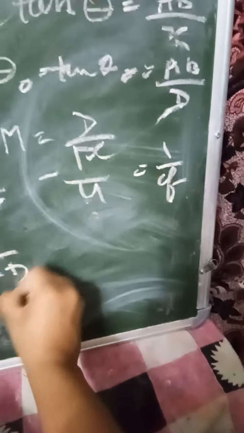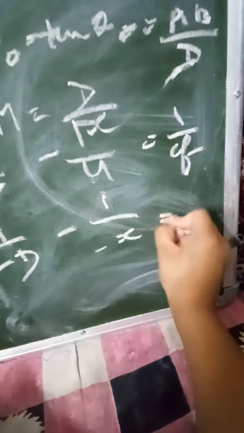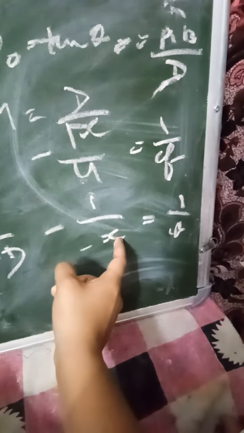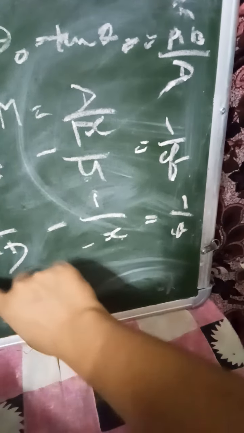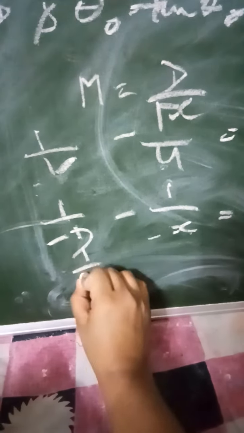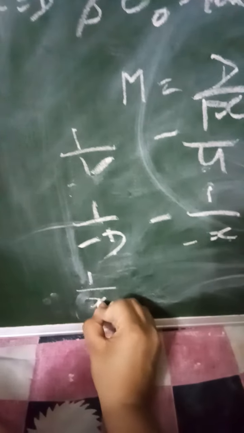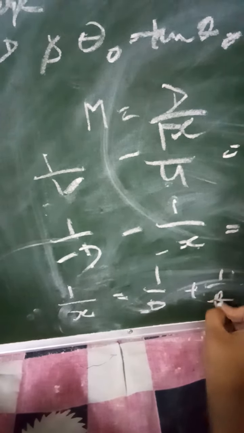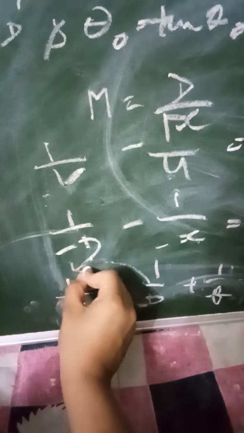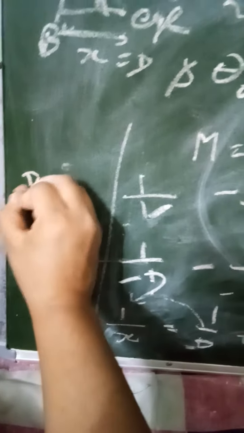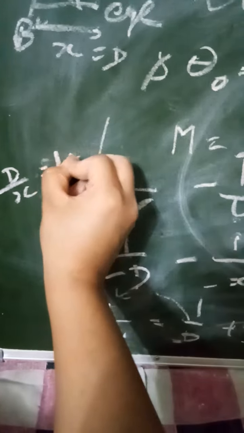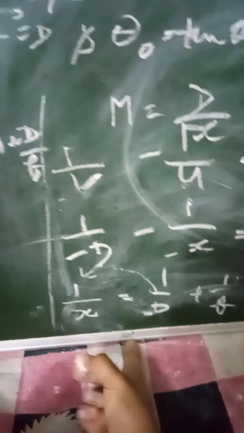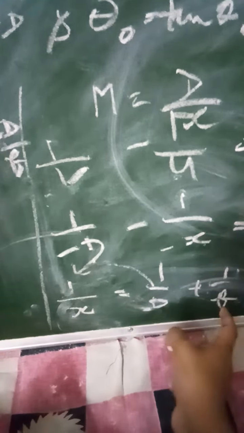So minus 1 by D minus 1 by minus X equal to 1 by F. If we take 1 by X to the left hand side and 1 by D to the right hand side, then 1 by X equal to 1 by D plus 1 by F. Now transfer the D here, so you get D divided by X equal to 1 plus D by F. If we multiply D here, then D will be multiplied on the other side also.